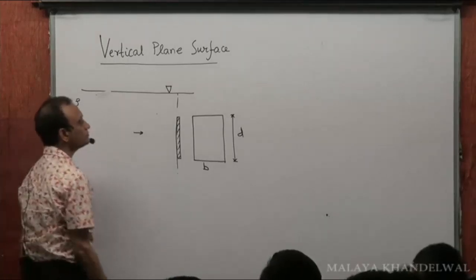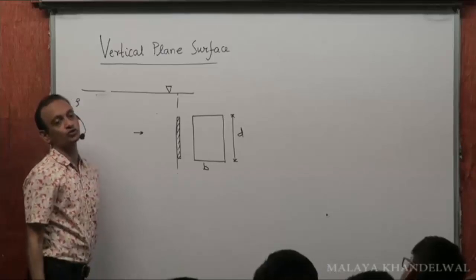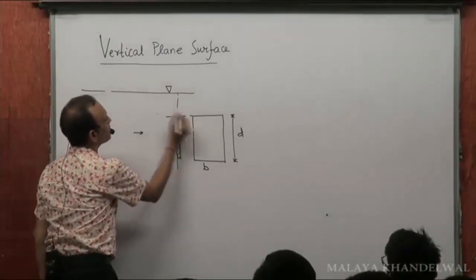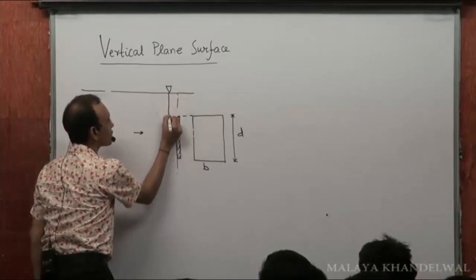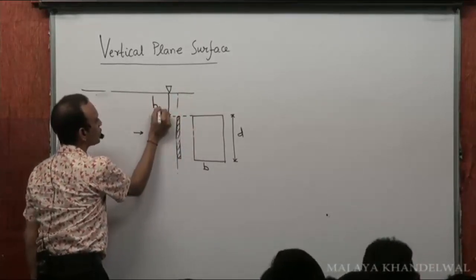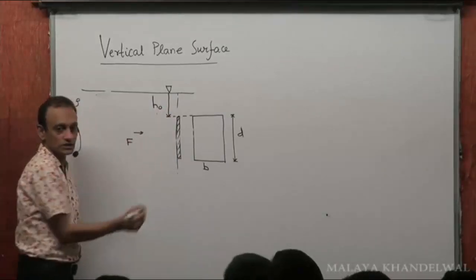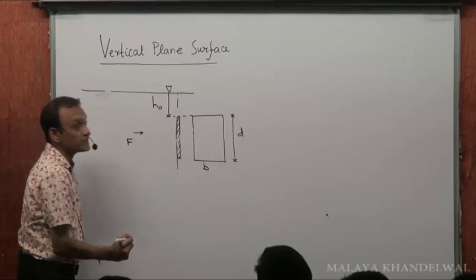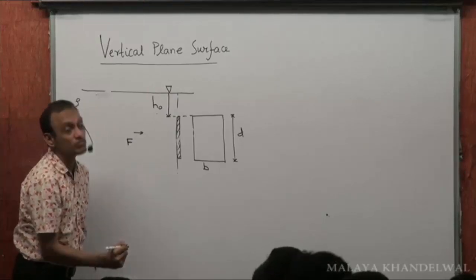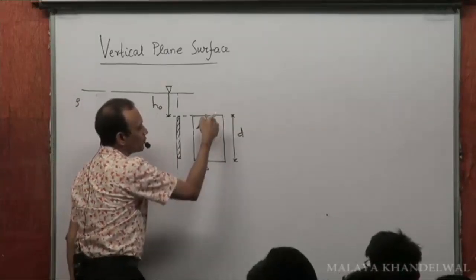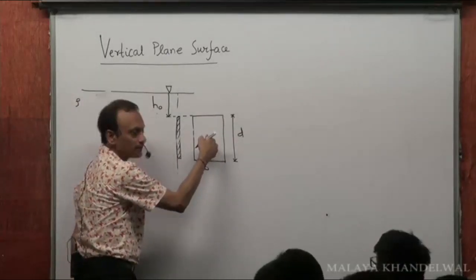Clear? And if I want to find the total force on this, let me assume that the upper end is at a depth h0 below the free surface. I want to find the total force acting on this. All that I need to do is locate the center of gravity of this with respect to the free surface. So the center of gravity would be d by 2 units from here, right?